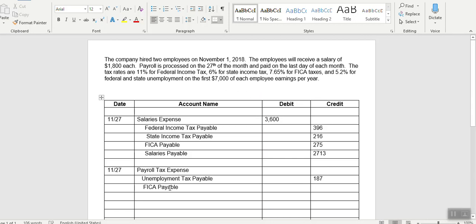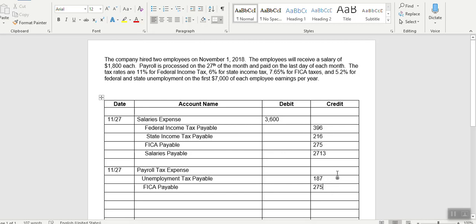And then FICA tax. FICA tax is matched by the employer. So you can go back and take the $3,600, which is the total payroll, times the 7.65%. But just kind of a hint, it should be the same as the employee's part because it's matched dollar for dollar. So it should be $275.